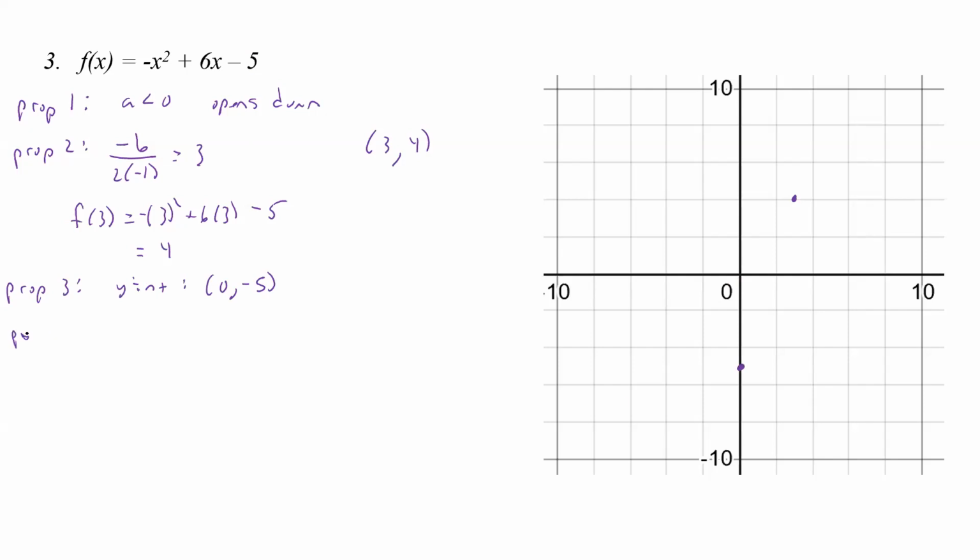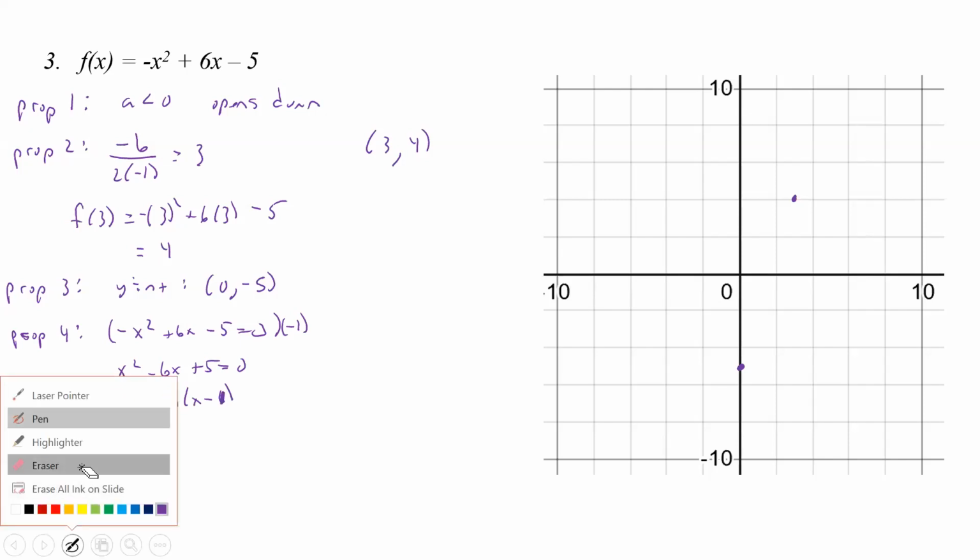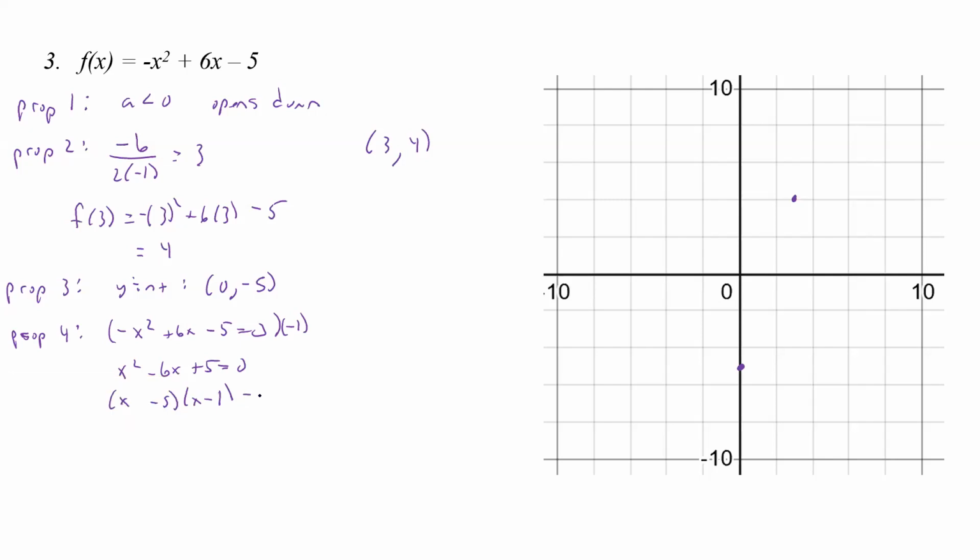We have property 4. Now we take our negative x squared plus 6x minus 5 equals 0. Now, again, to factor these, I'm going to multiply everything by a negative 1. And so I get x squared minus 6x plus 5 equals 0. And so x minus 5, x minus 1 equals 0.